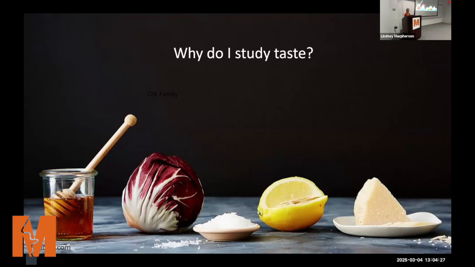We have 5 basic taste qualities that we can detect on our tongue. And as I was saying to Peiwa this morning, as soon as things get into the brain, it gets too confusing, and I kind of give up. But I feel that I can make significant progress in understanding more basic things at the periphery, understanding how these chemicals within our food are detected, how those signals are transformed from chemical to electrical signals through synapses in the periphery and leading to the brain.